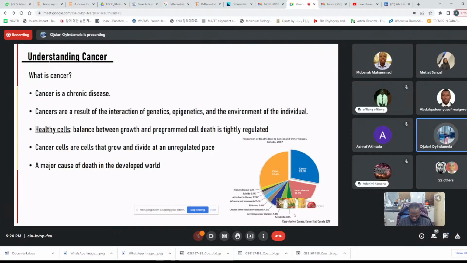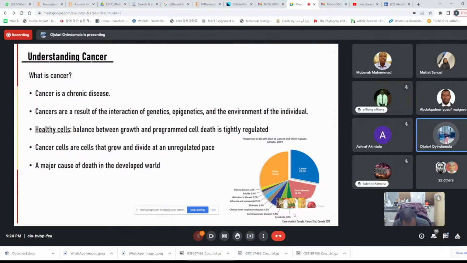When our cells are healthy, it normalizes the growth and a programmed cell death that our body should normally undergo. However, when cancer cells are more abundant, they begin to grow, they begin to divide, spread at an uncontrolled pace, and that's where there's a diagnosis when they say, oh, you have a cancer spreading from one part of your body, or it has affected this part, and it can spread to another part.